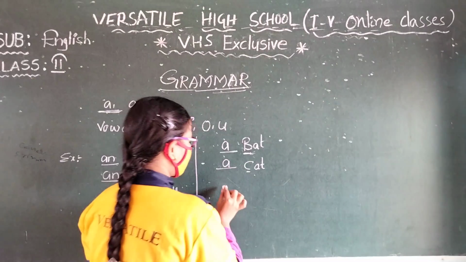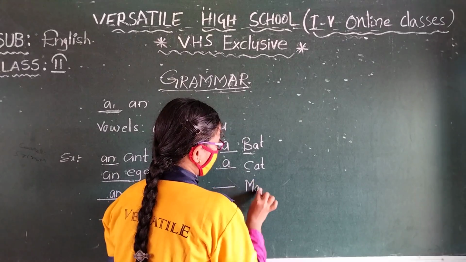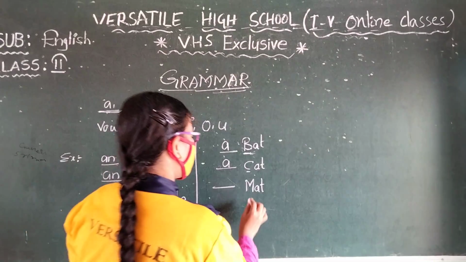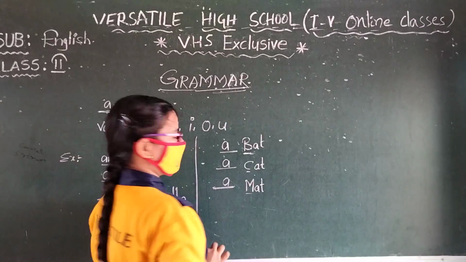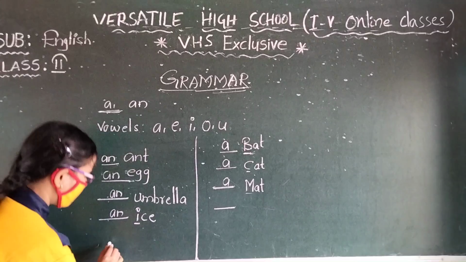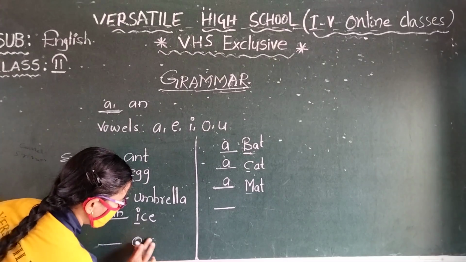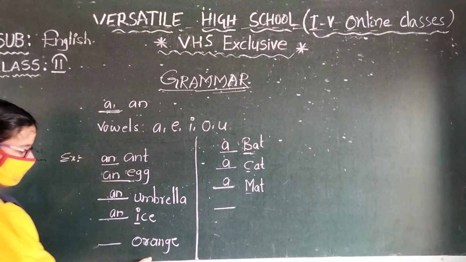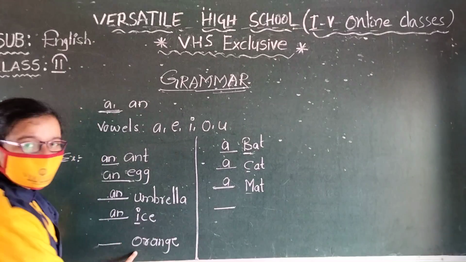Okay. Next, M-A-T, mat. Before this we use a. Next, look here, orange. O-R-A-N-G-E, orange. Which sound is this?